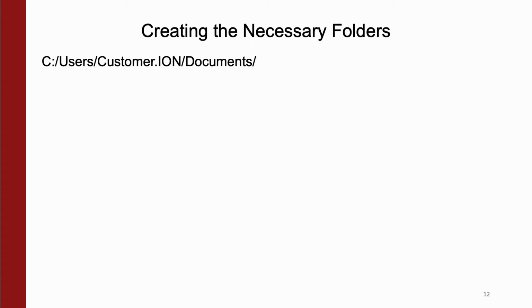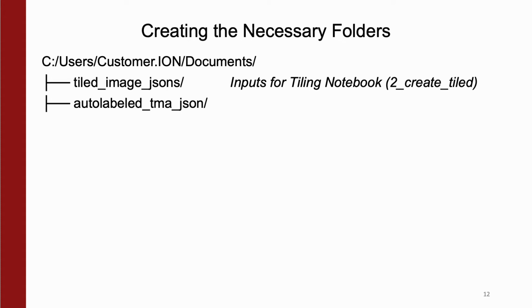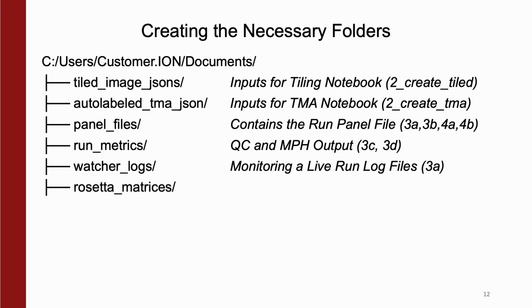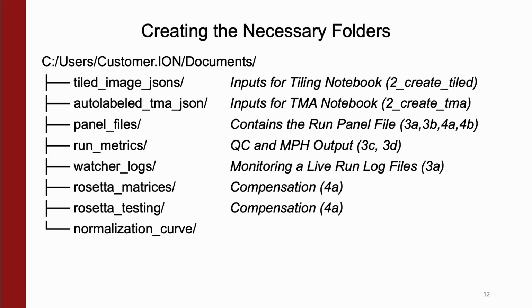And then in the C drive, in users customer.ion documents, it creates tiled images JSON, auto-labeled TMA JSON, panel files, run metrics, watcher logs, Rosetta matrices, Rosetta testing, and then normalization curve. If you'd like to learn more about all of these, it's in the README.